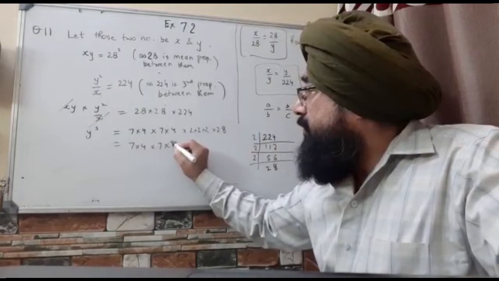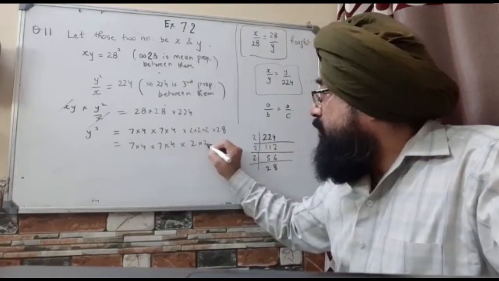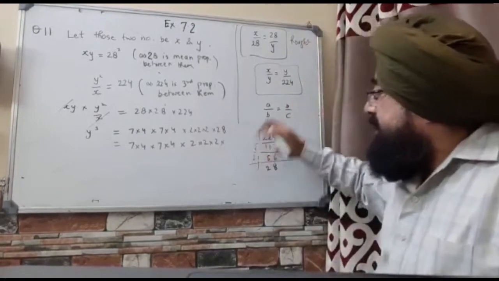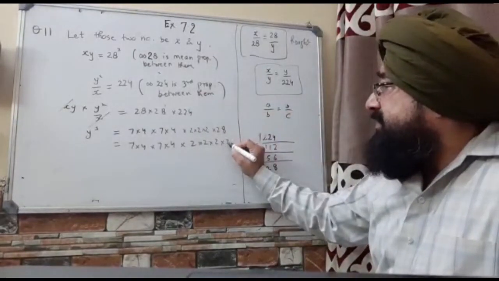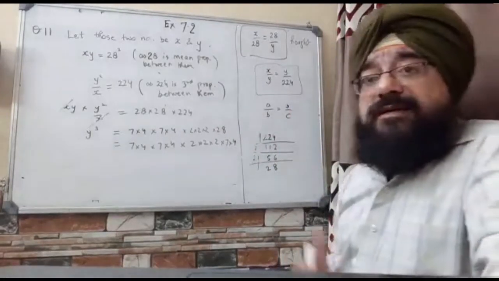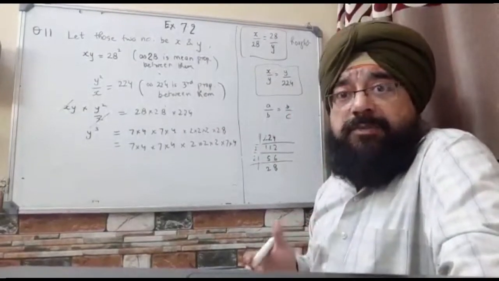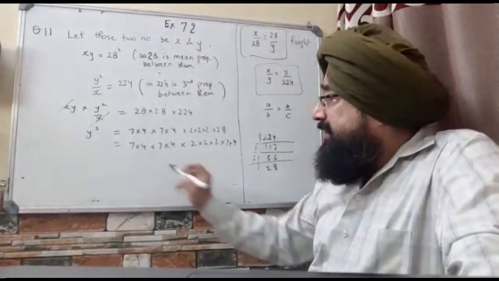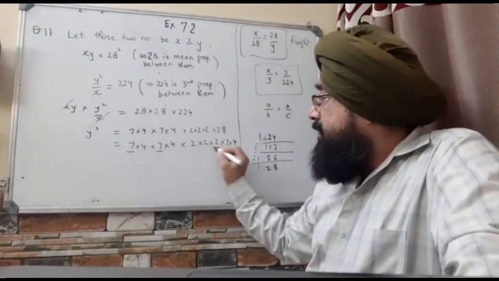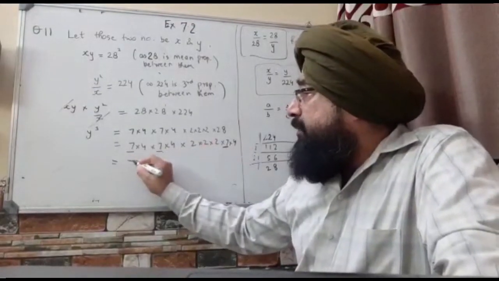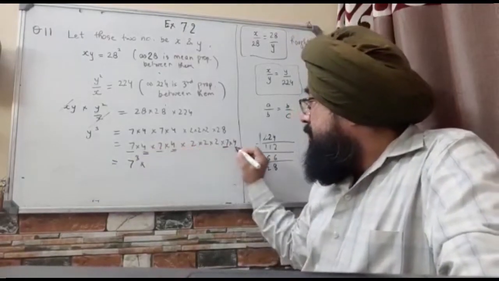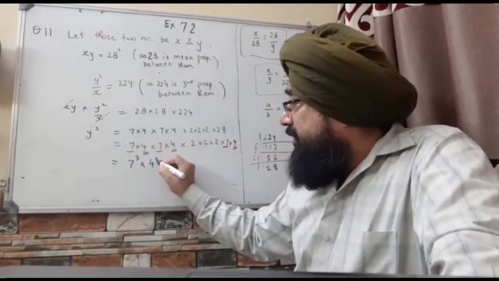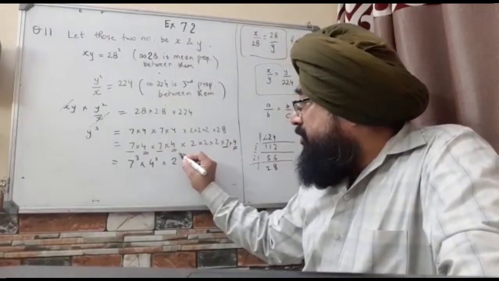This is all my rough work. See, it took a while to factorize, but we were able to factorize. And see, you can finally end up with 7 cube, into 4 cube, and you see it is 2 cube, isn't it?